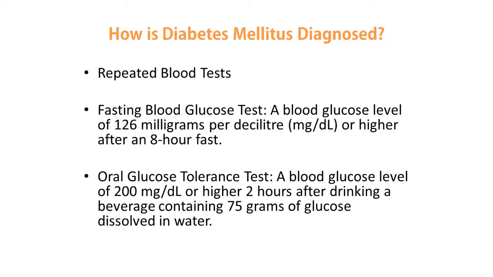Gestational diabetes, which is temporary diabetes during pregnancy, is present when a blood glucose level of 200 milligrams per deciliter or higher is found after 2 hours after drinking a beverage containing 75 grams of glucose dissolved in water. I would just like to note that not all women who are pregnant will get gestational diabetes, and the predisposing factors are the same as those mentioned previously.